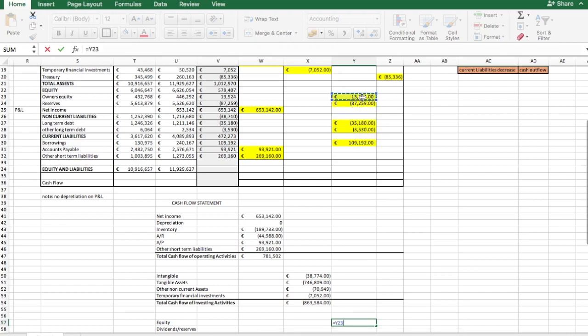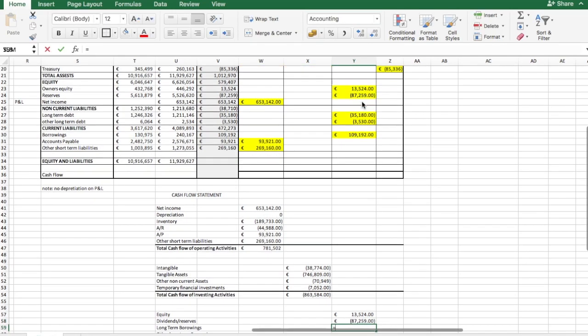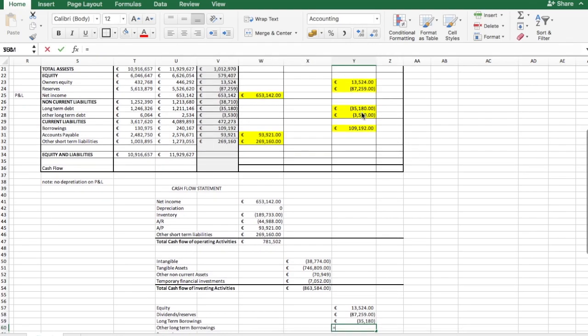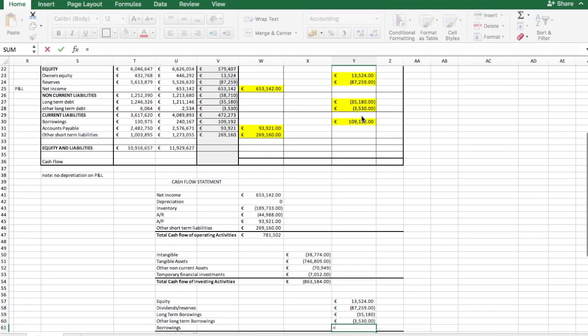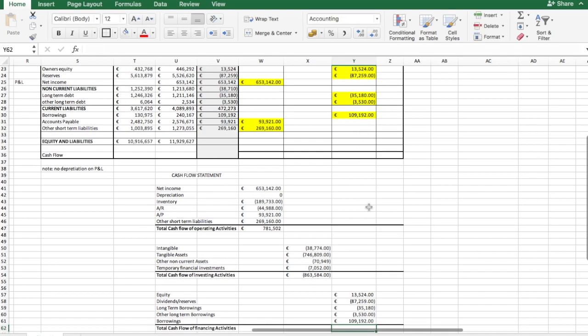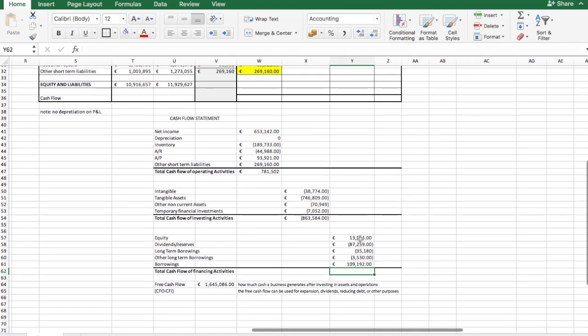So we put the changes in equity, then the dividends or reserves, of course, long-term borrowings, other long-term debt, and finally borrowings. So we have the cash flow statement. It's really, really easy if you prepare the information.